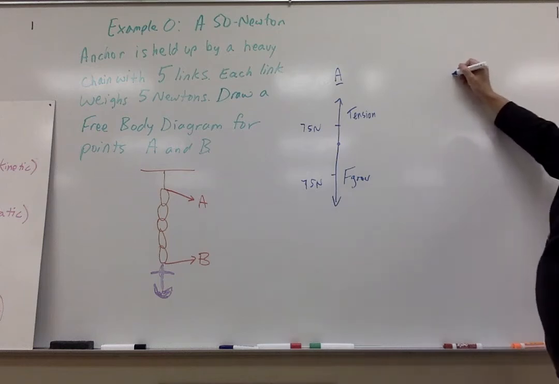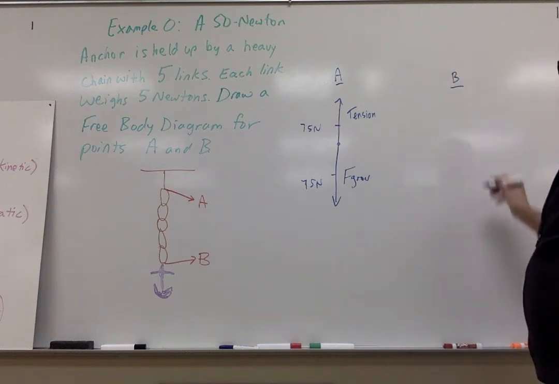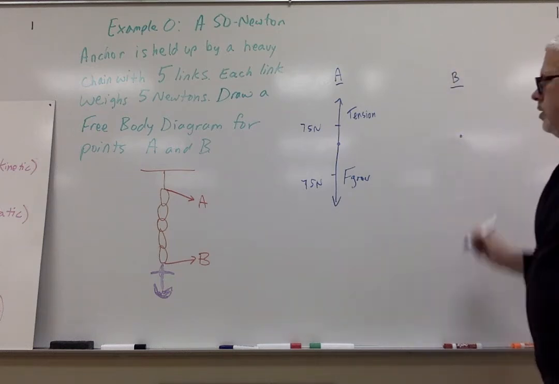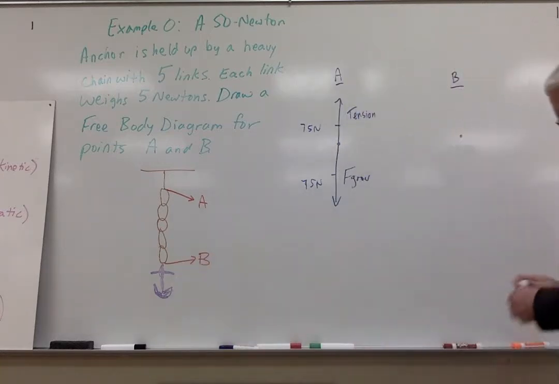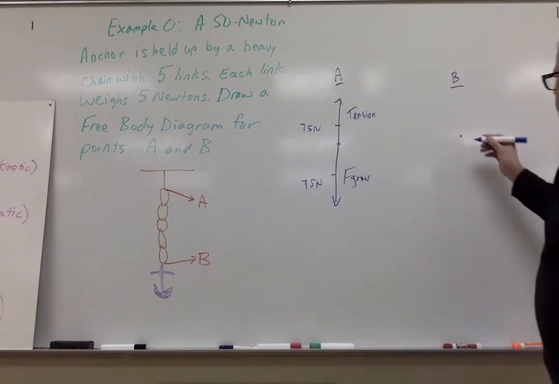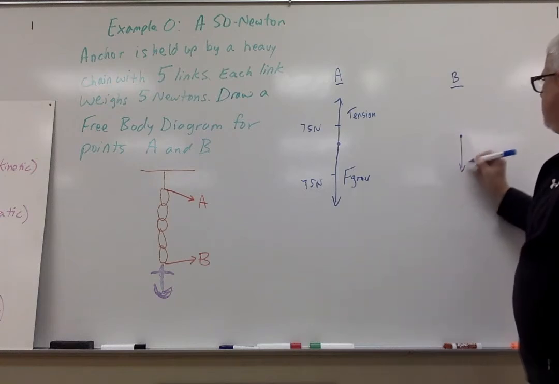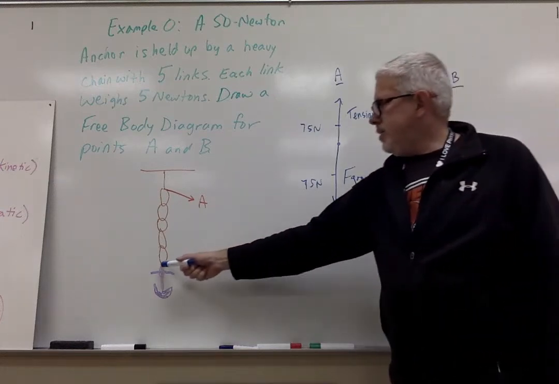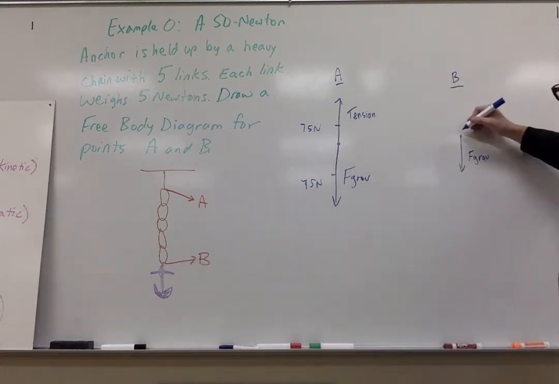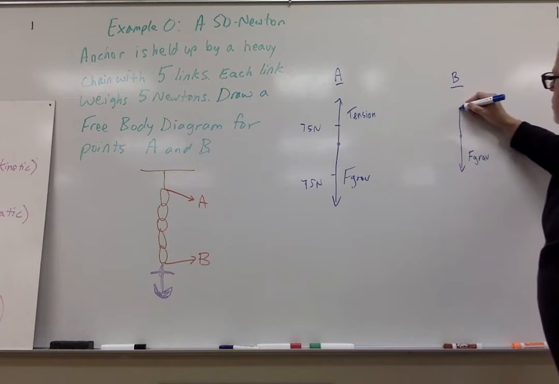At point B, the gravitational force acting down on the anchor is going to be 50 newtons. And the tension upward caused by this link of the chain will also be 50 newtons.